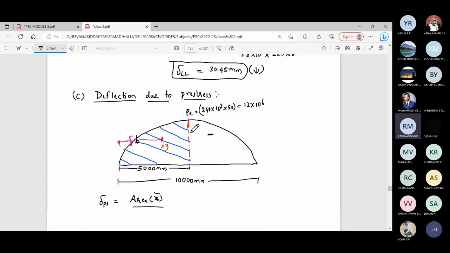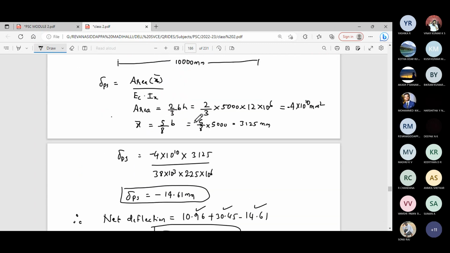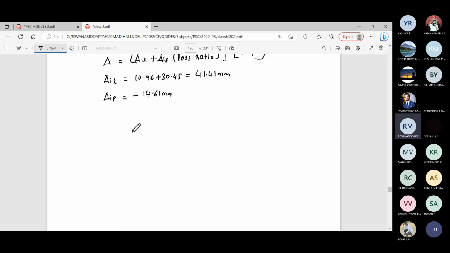Therefore, the loss ratio will be as follows. The loss of pre-stress is given as 20%, which means in 100% pre-stress, 20% is the loss.